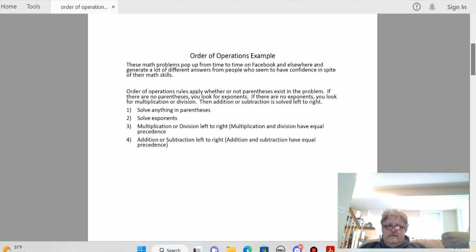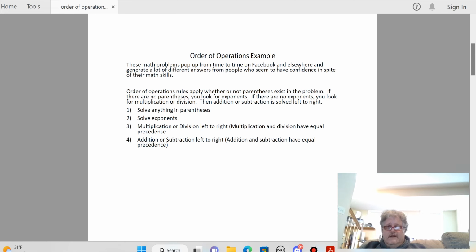Briefly, I will say that order of operations is a convention. It's been around for hundreds of years, and there's really four steps that you look at. Solve anything in parentheses, then you solve exponents, look for multiplication and division, and solve those left to right. Multiplication and division have equal precedence, so you solve whichever one comes first as you go left to right.